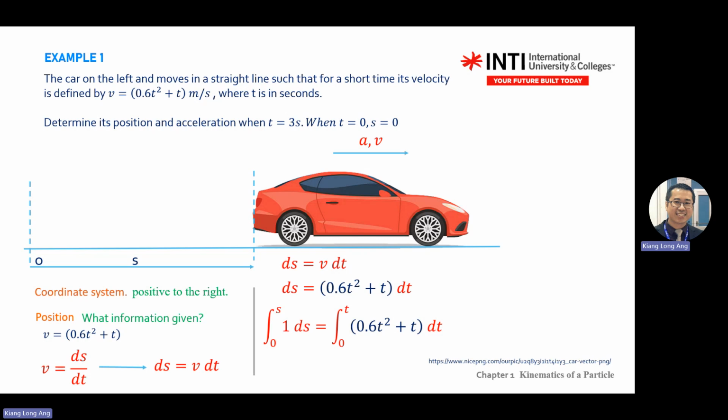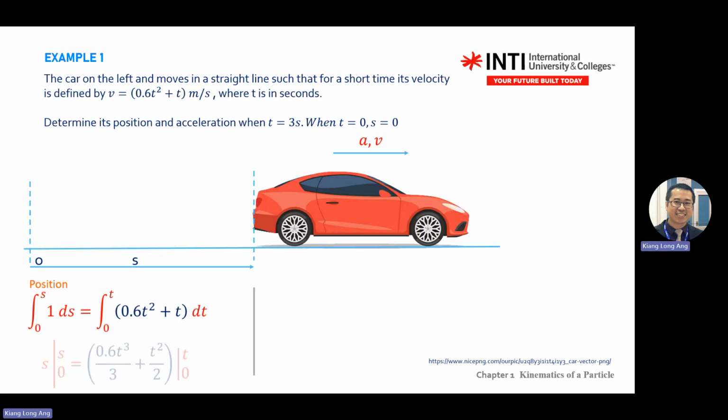Then the rest is just rearranging the equation. It might seem complex, but if you follow the mathematics procedure, you will arrive at this equation. So it gives you the new definition for this example. Your displacement equation now becomes a polynomial equation, 0.2 t cubed plus 0.5 t squared kind of equation.